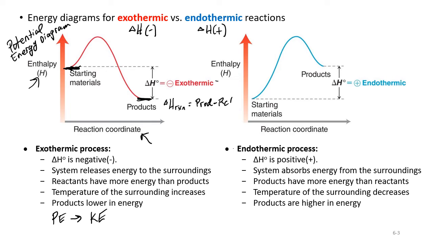Products minus reactants. So if the product, let's make up a number, let's say that's 1, and your reactants or starting materials has a value of 5, we do products 1 minus reactants 5, that's -4. The point is not that you're going to have to calculate this. I want to show you that you get a negative value here.